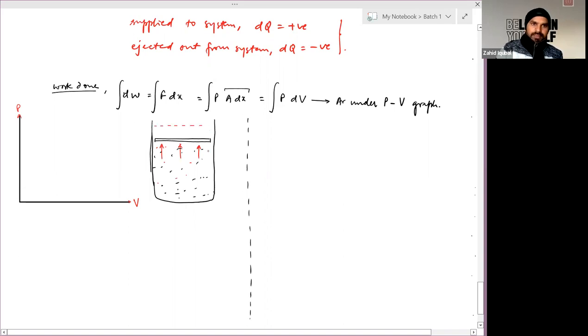It means the volume of gas will increase from the initial level to some final level. So let's say this is initial point A. On expanding, pressure will change and volume will change along this way. So initial volume is V_i, final volume is V_f.